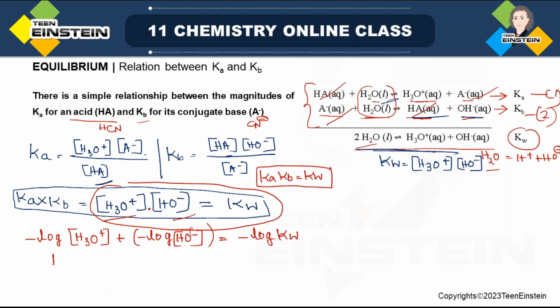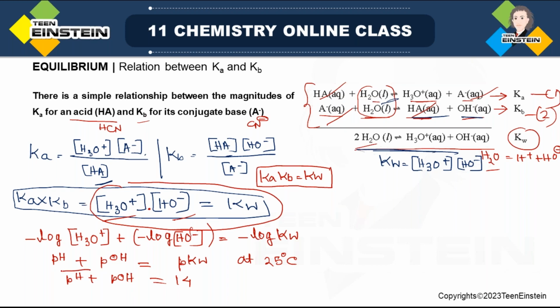Now negative log H3O+ is nothing but pH. Then negative log HO- is actually pOH. And negative log Kw is pKw. Now at 25 degrees centigrade, Kw is 10 to the minus 14, which means this value is 14. But this is accurate only at 25 degrees centigrade.